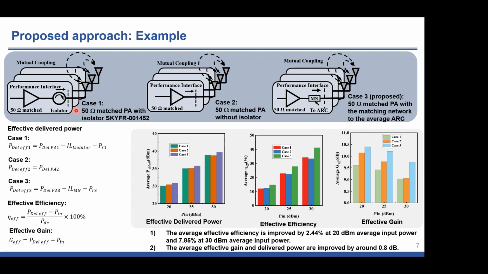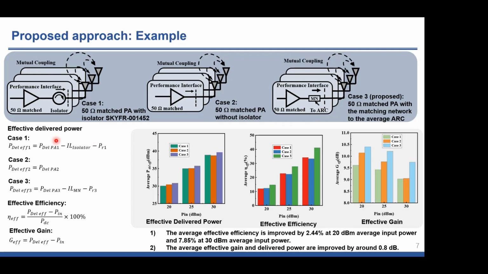For example, for case 1, we evaluate the effective delivered power between the isolator and the active antenna array. For the second case, the effective delivered power actually is the power delivered by the PA, so they are equal. And for the third case, the effective power is the delivered power after the match network.